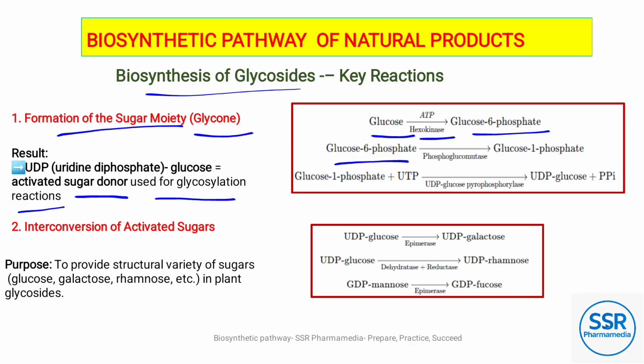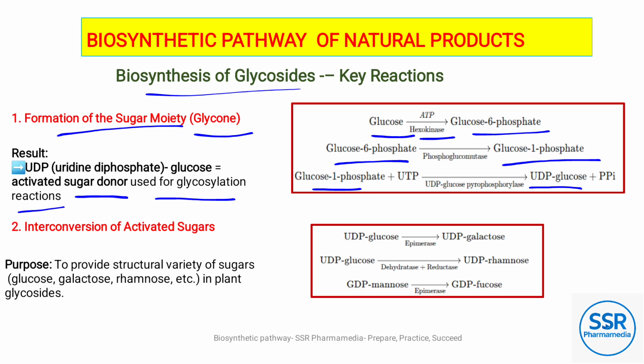Then glucose 6-phosphate, in the presence of phosphoglucomutase, is converted into glucose 1-phosphate. Then glucose 1-phosphate combines with uridine triphosphate in the presence of UDP-glucose pyrophosphorylase to form uridine diphosphate glucose and PPi.